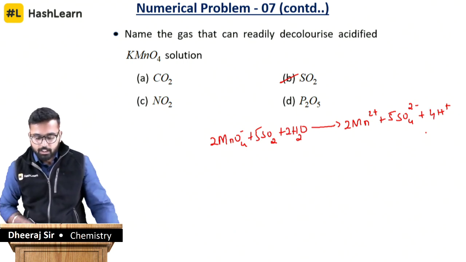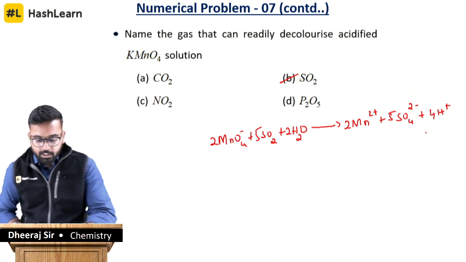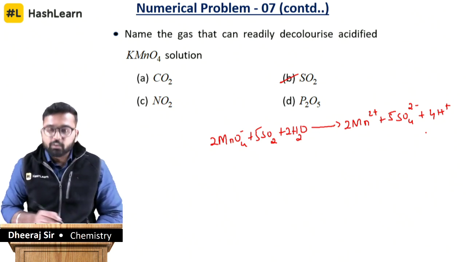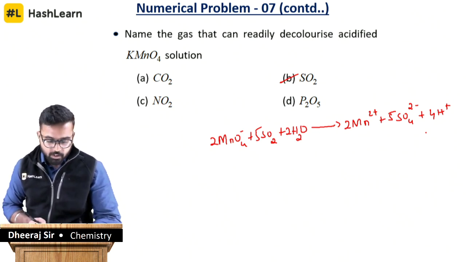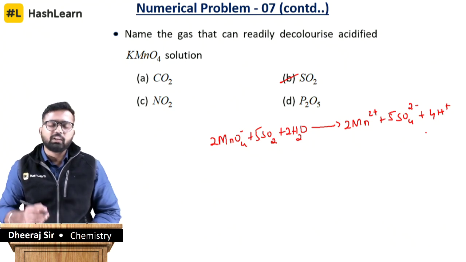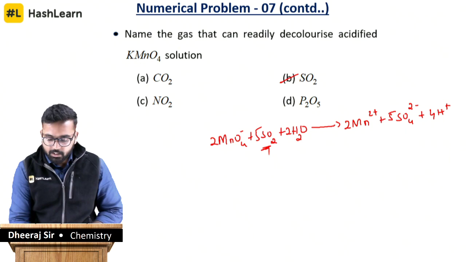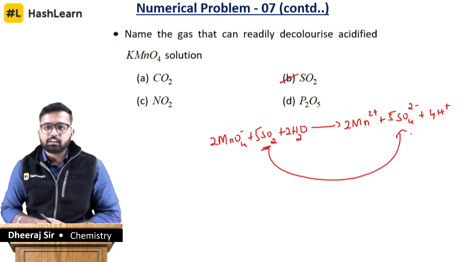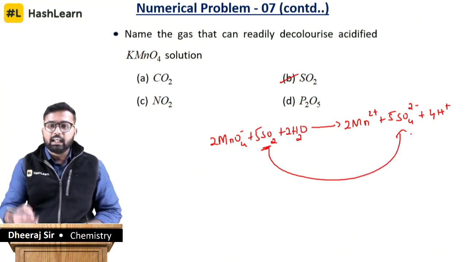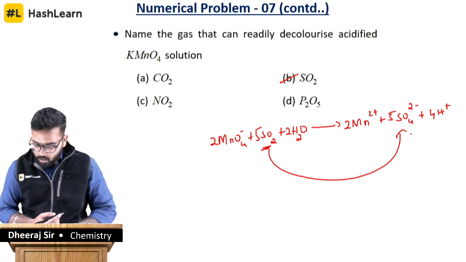This is the overall reaction wherein sulfur dioxide is acting as a reducing agent, and it is reducing potassium permanganate, which is a very strong oxidizing agent. The sulfur dioxide here is undergoing oxidation.